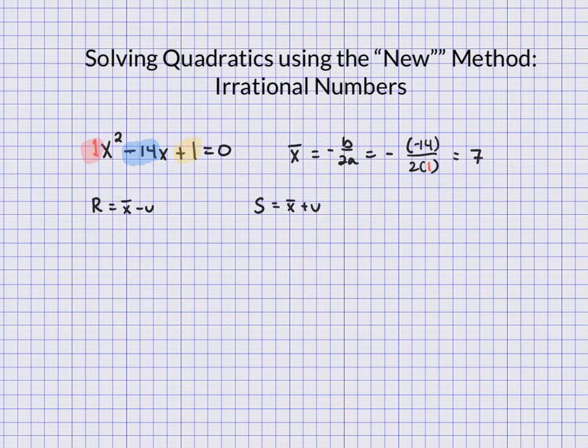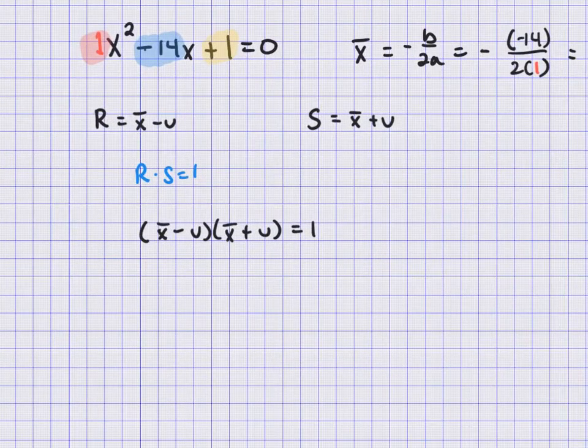So r times s is 1. And remember what that looks like, x bar minus u times x bar plus u is equal to 1. We have conjugates here, so x bar squared minus u squared is equal to 1.